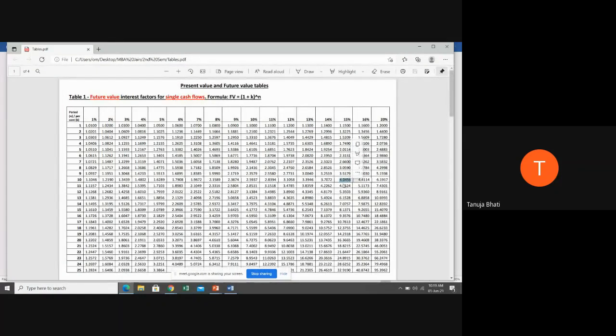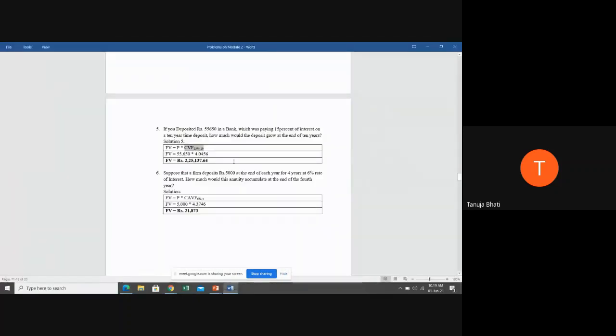So it is 4.0456. So 4.0456 multiplied by 55,650. So the future value you get is 2,25,137. This is one formula. The other, longer formula that you can use is P into (1 plus R) raised to N. Then at the end, you will arrive at 4.0456.